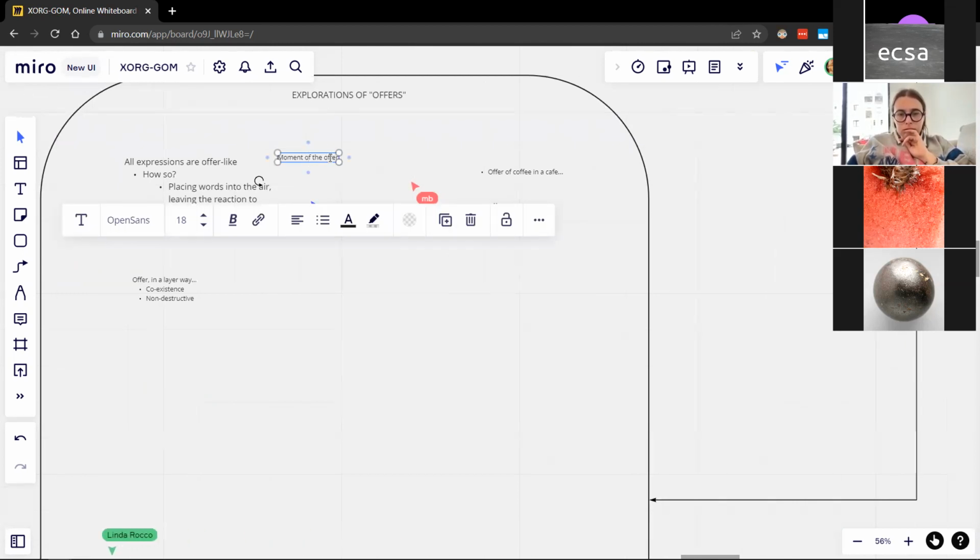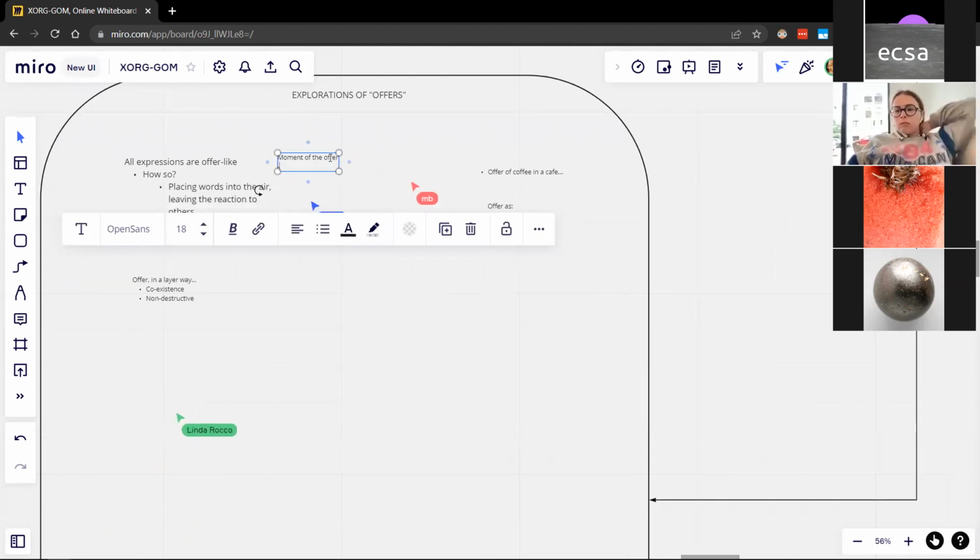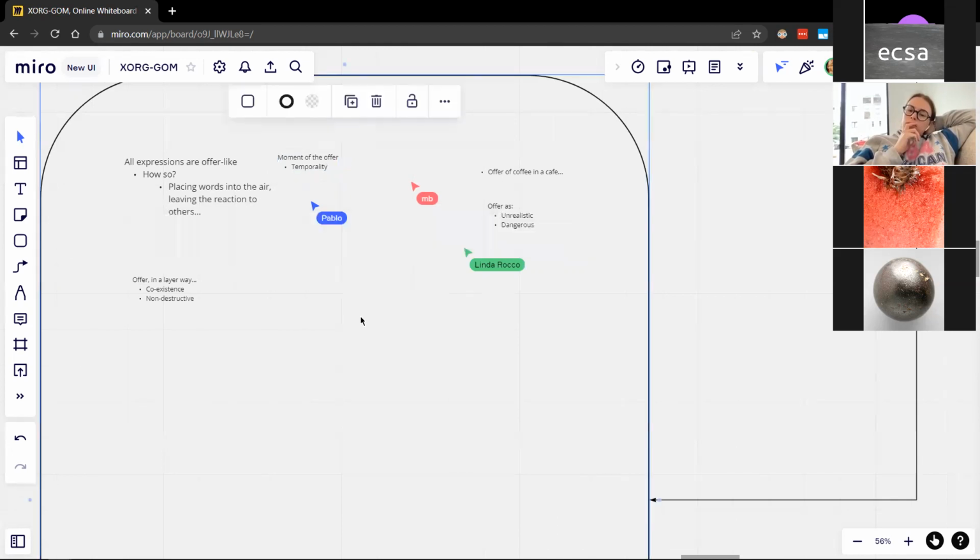I've actually taken the liberty of adding several things. Also Linda's unrealistic and others there. I added the temporality and the moment of the offer, and I put them close to the sentence underneath, the placing of words in the air, that there is a temporality when somebody's speaking to you.